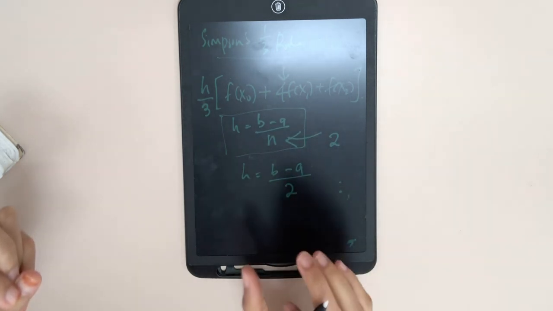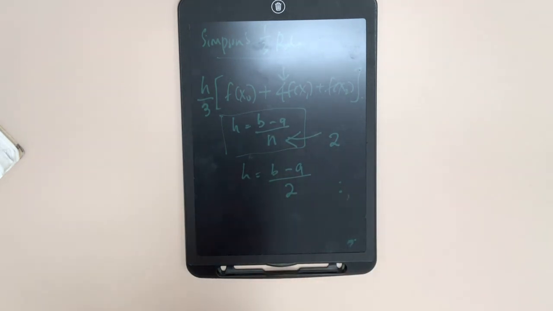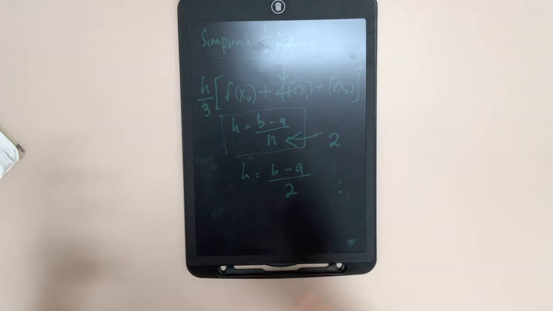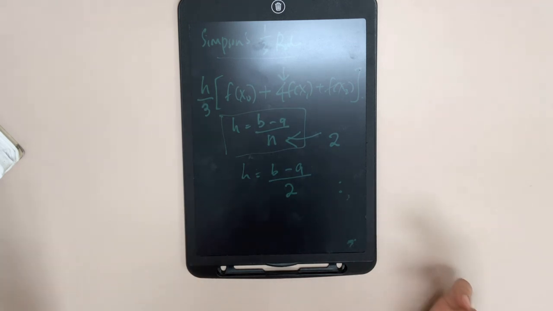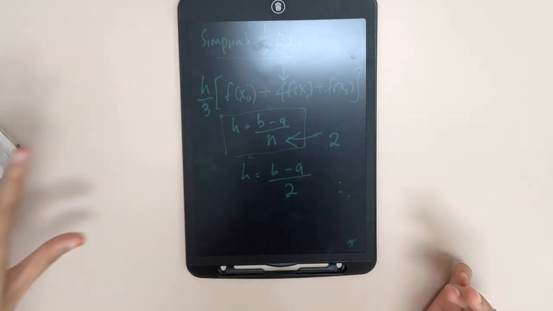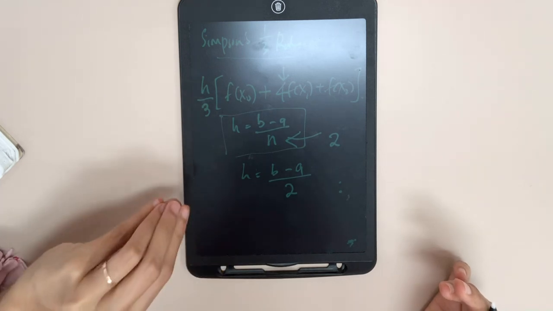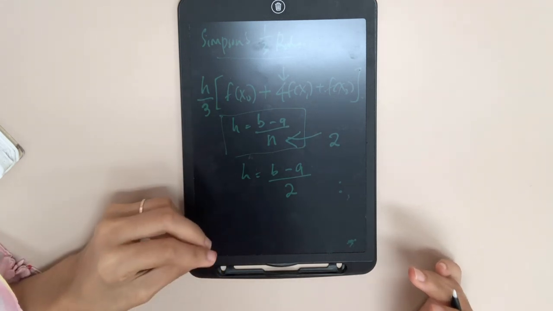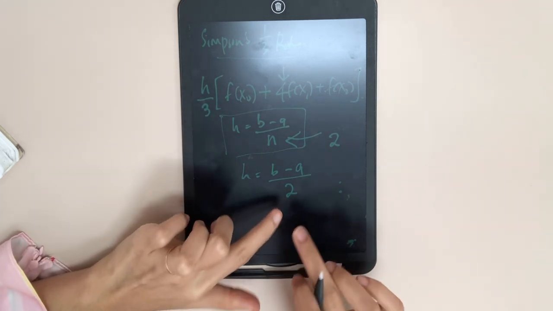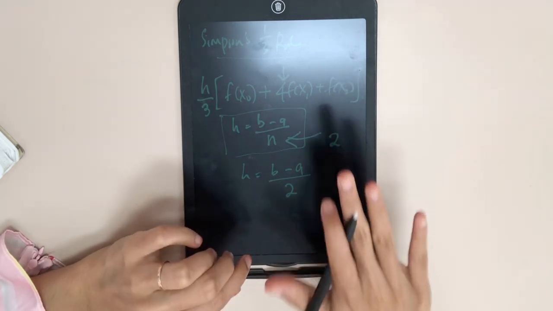It's already fixed. Just bear in mind that for Simpson's 1/3, the formula for h is (b minus a) over 2. Don't bother about what n is, just take it as 2. Okay, so this is the formula for Simpson's 1/3.